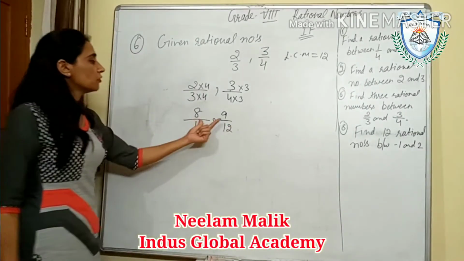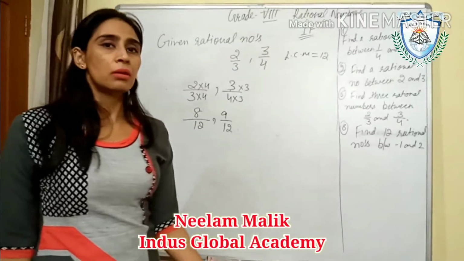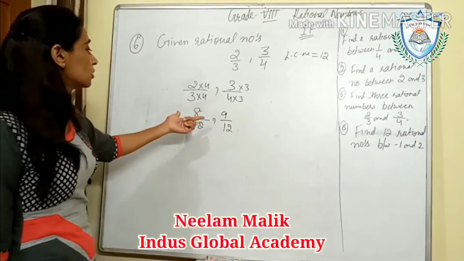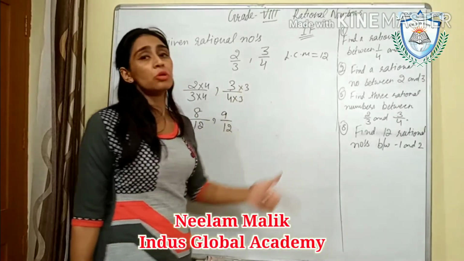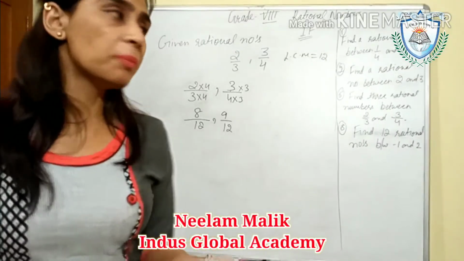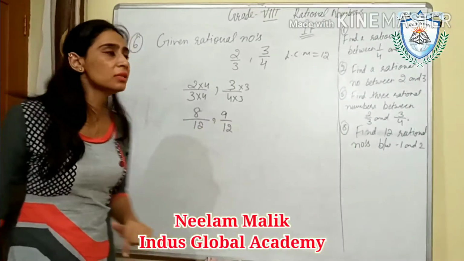Now we will check their difference. Their difference is only one, but it should be more than 3, because we need 3 numbers here. So what will we do? Very easy. We will multiply numerator and denominator with 10.